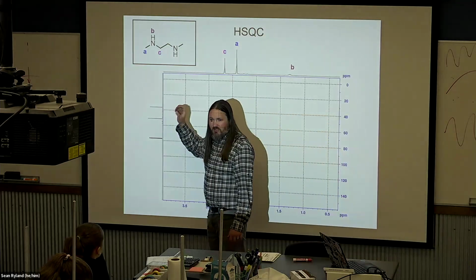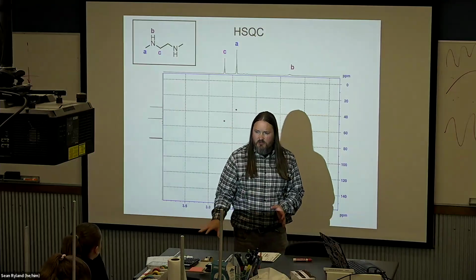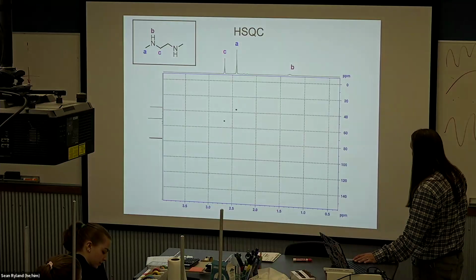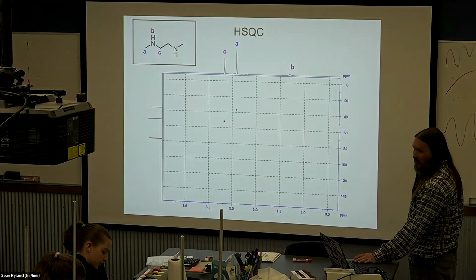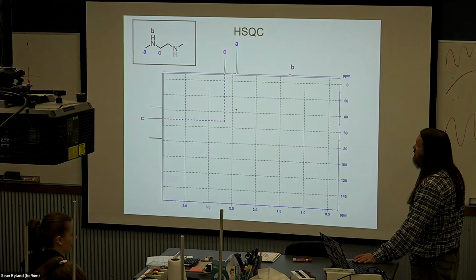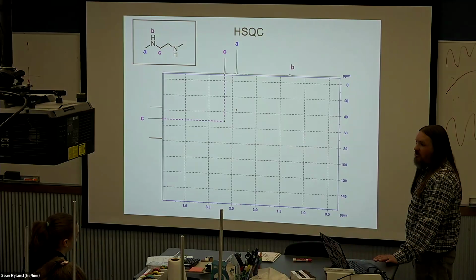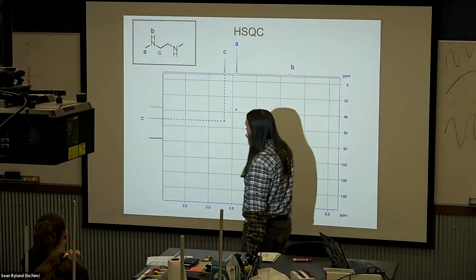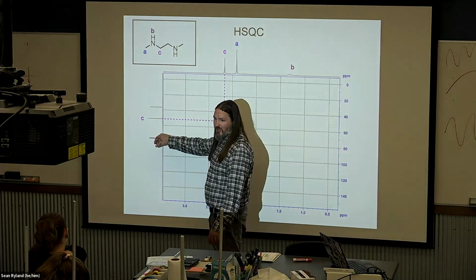So this one, HSQC, we don't draw the diagonal. Carbon NMR. Right, and so this is just a way that you can directly translate between proton and carbon NMR. This gives us a one-to-one way we can look at this.